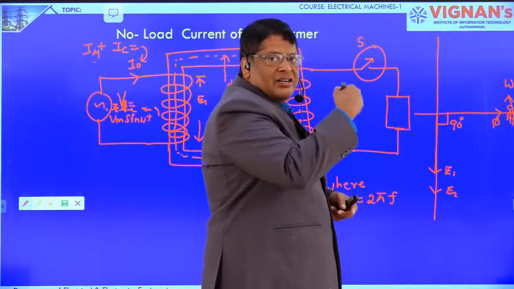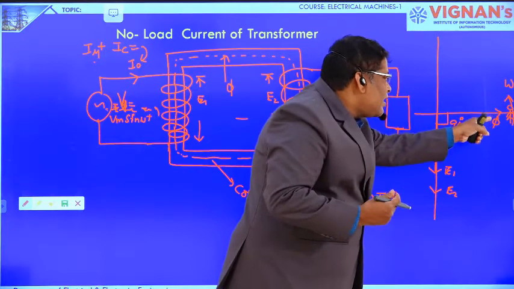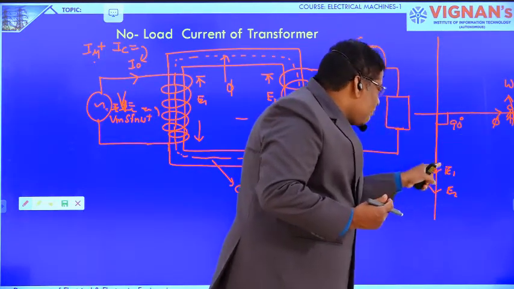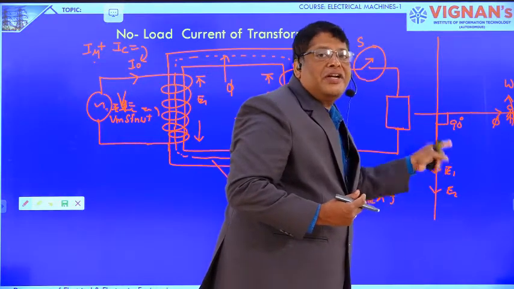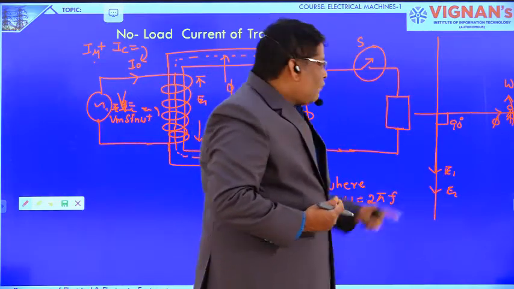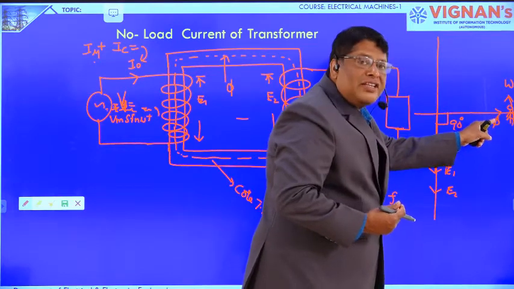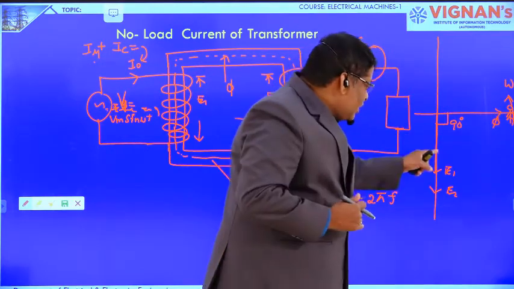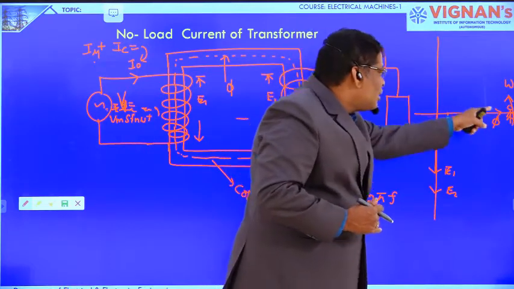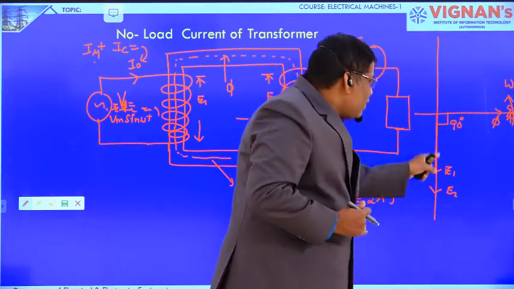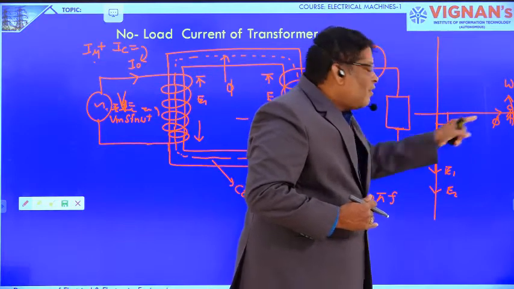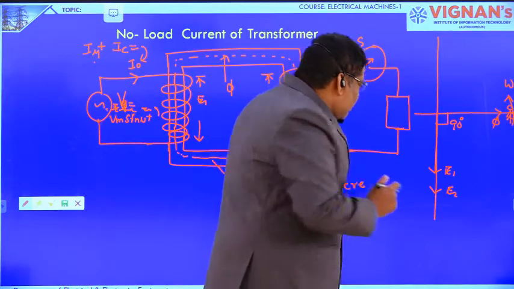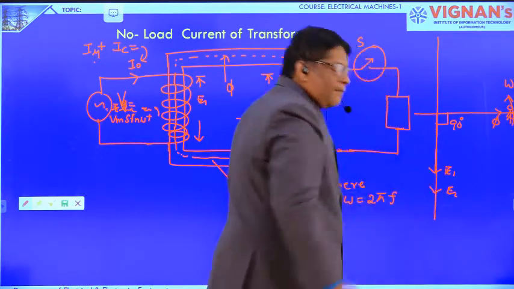The first flux phasor crosses this person, and after 90 degrees, the E1 and E2 phasors cross this person. So E1 and E2 lag the flux by 90 degrees. That is the reason we have taken E1 and E2 here.